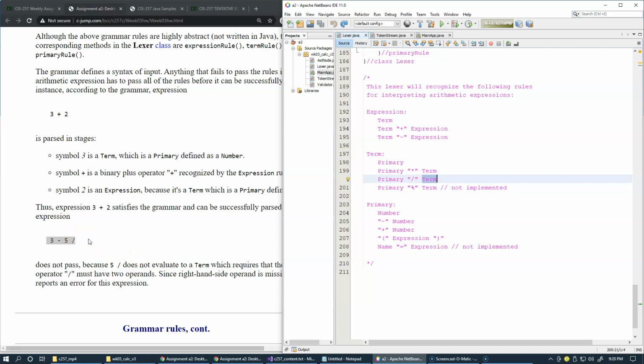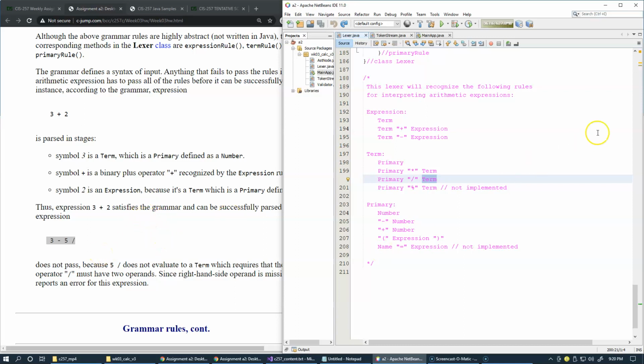So right here, we don't have a part which is required by our grammar, because as we start moving in this direction, we find primary and everything else, but eventually we will fail to find this term because it simply is missing.